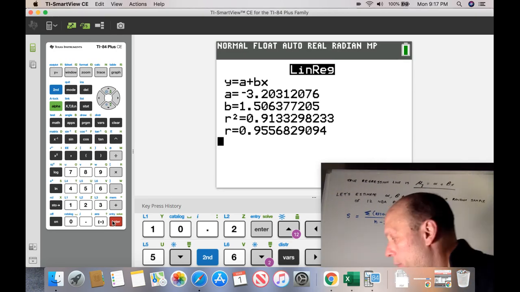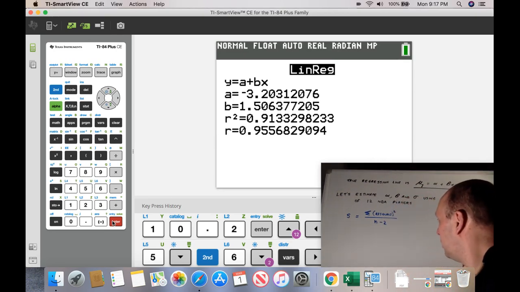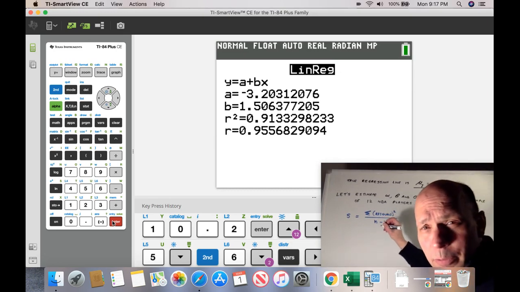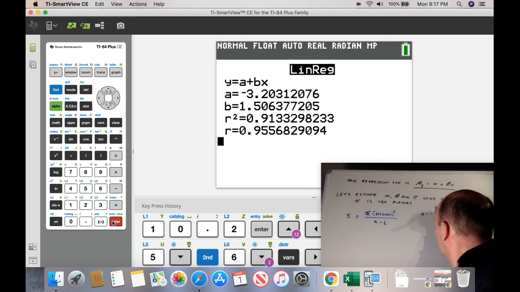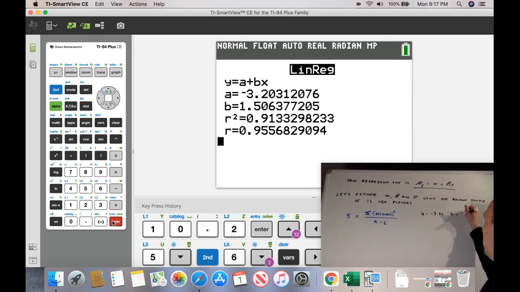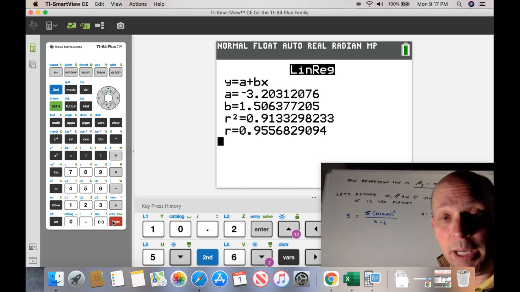Okay, so we have our values here. The value of A is negative 3.20. Our value of B is 1.51. So that's 2 down. Our A and B are going to be estimates of what alpha and beta are.